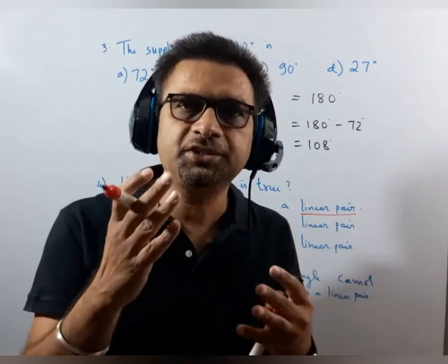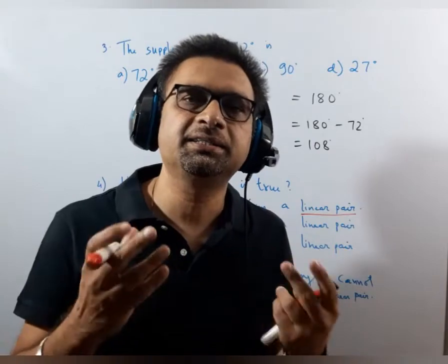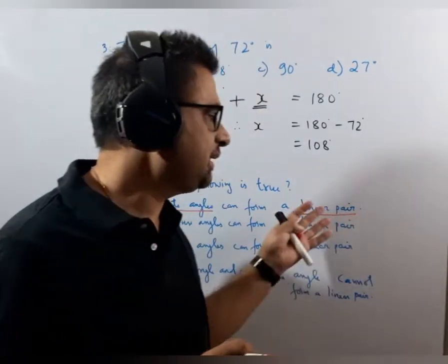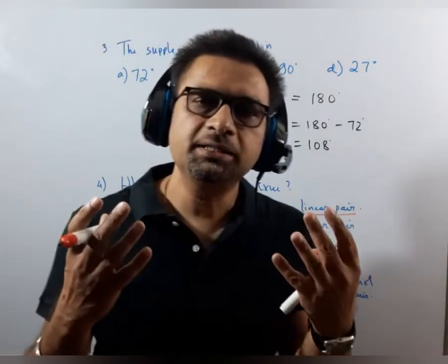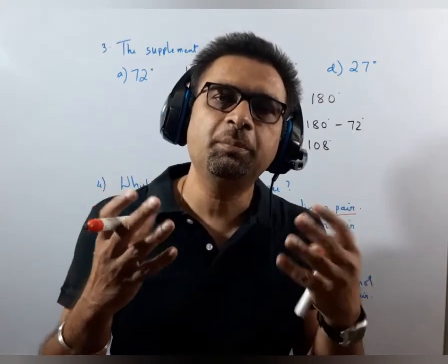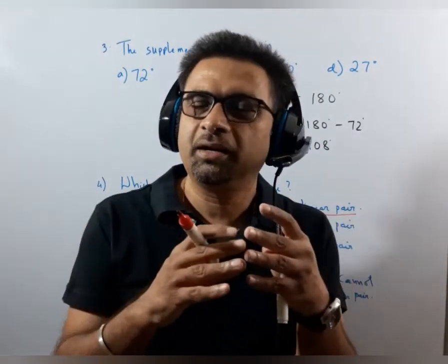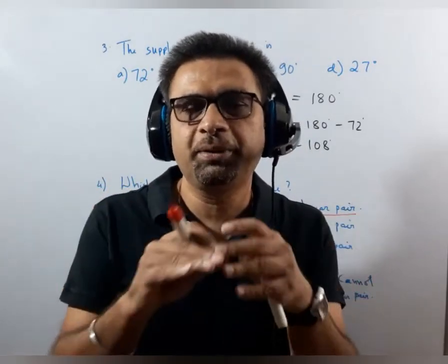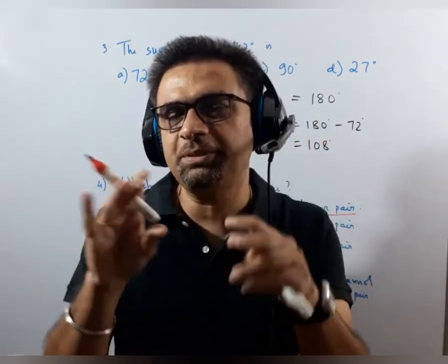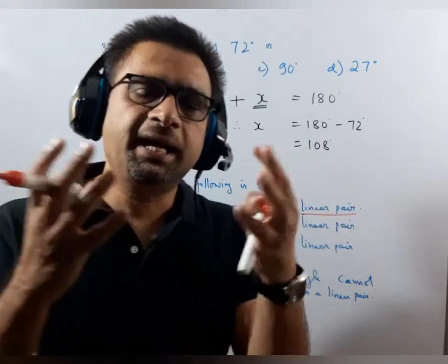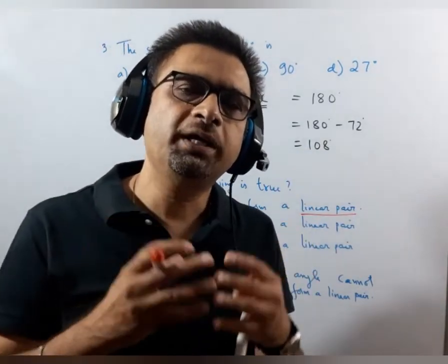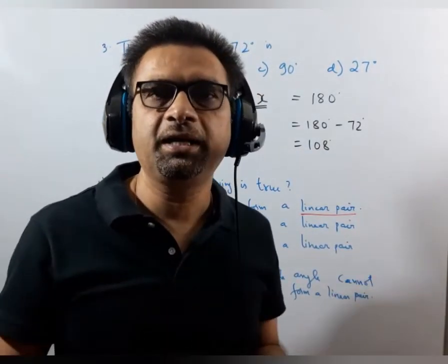So greater than 0 but less than 90 degrees is an acute angle. Yes? And what is a linear pair? Two angles form a linear pair when they add to 180 degrees. Well, there are more conditions to being a linear pair. They have to be in a straight line, but for now let's keep it simple. Two angles add to 180 degrees and then they make a linear pair.